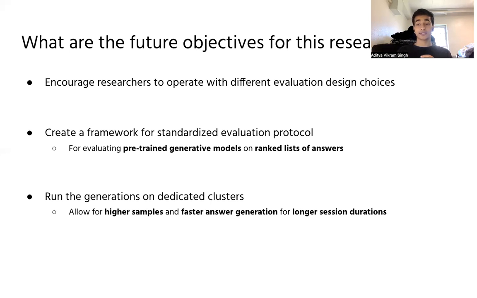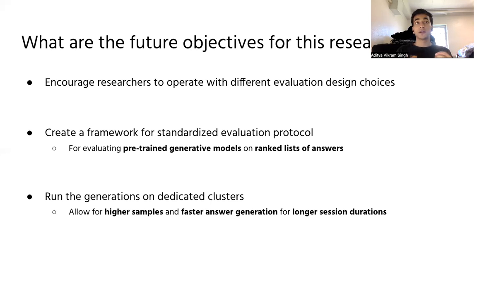Because they're pre-trained, we cannot say that they're specifically performing well on a good data set. So we might want to expand our data sets, maybe evaluate on multiple data sets, and maybe also consider how the ranked list form of answers compares to a set of answers or other forms of question answering results.